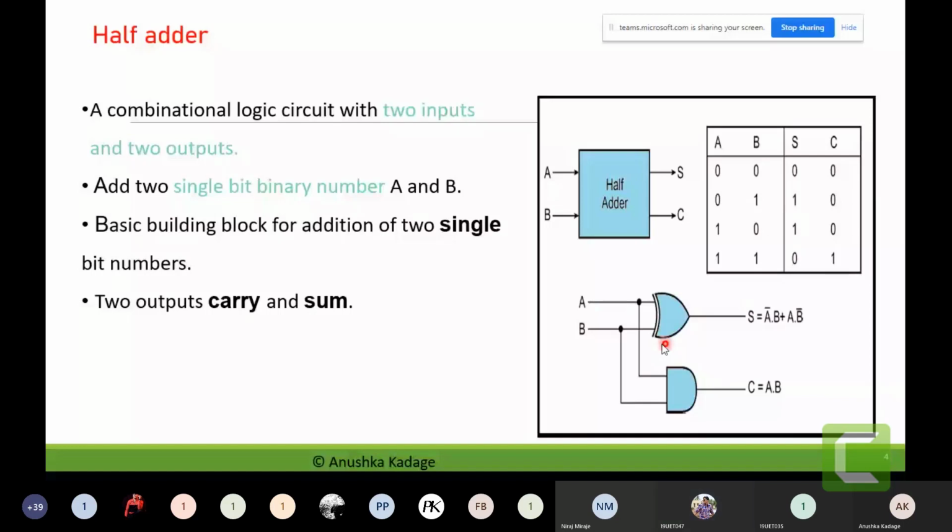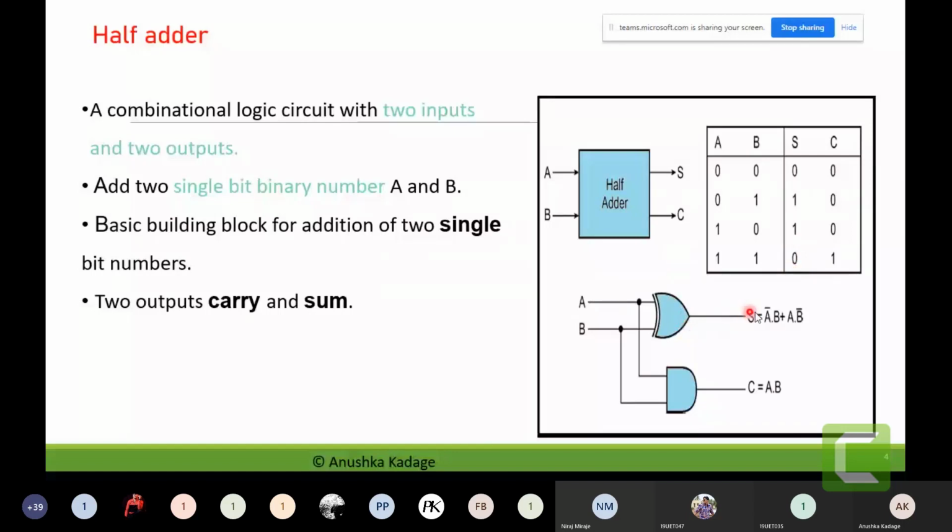That's why, to define the sum output from the two input variables A and B, we have to perform the XOR operation.